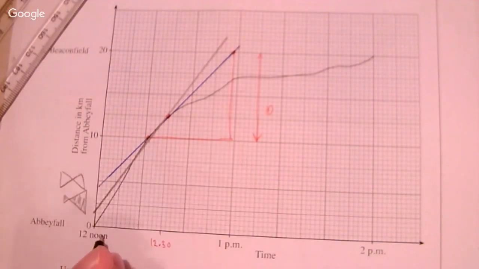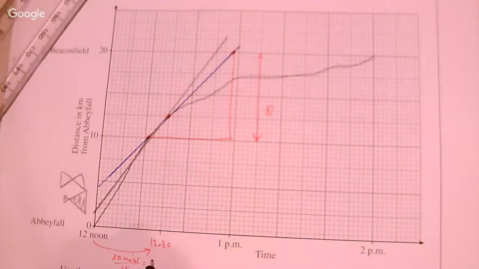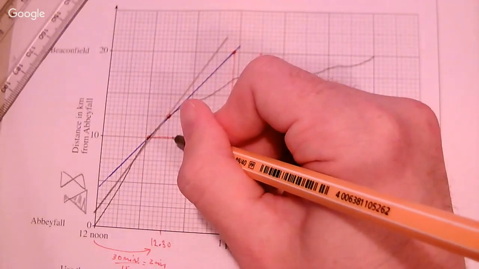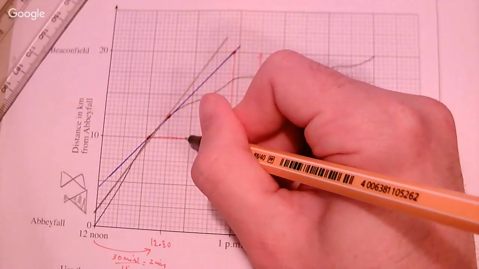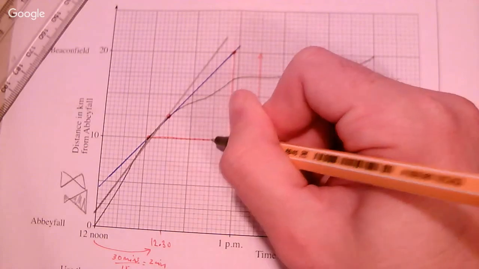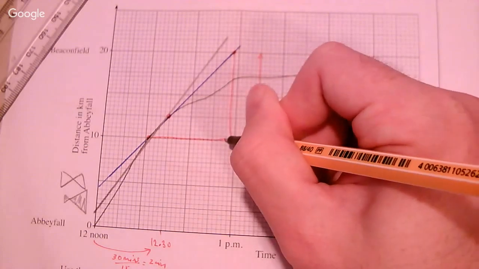So let's work out the scale of this graph. If that is 12:30, that is 15 little squares, isn't it? I've got 30 minutes in 15 squares. So that's telling me that each little square is worth 2 minutes. So I've gone 1, 2, 3, 4, 5, 6, 7, 8, 9, 10, 11, 12, 13, 14, 15, 16, 17, 18.